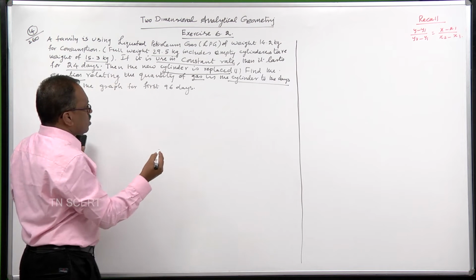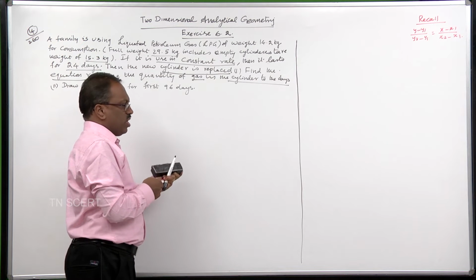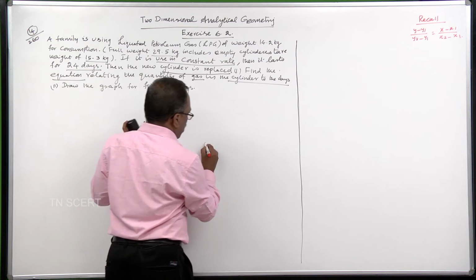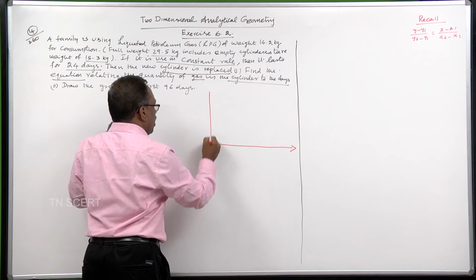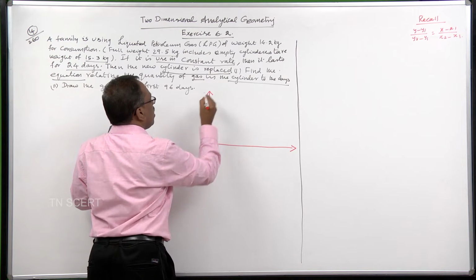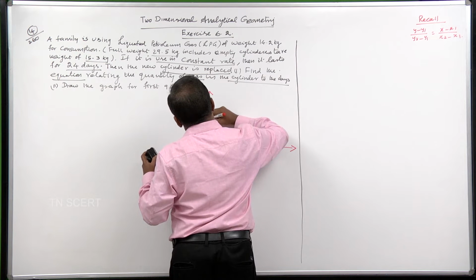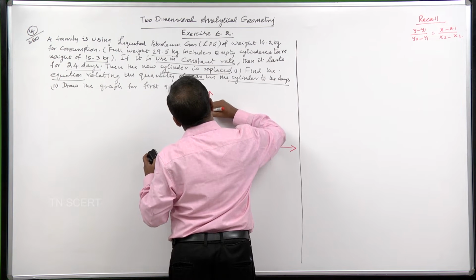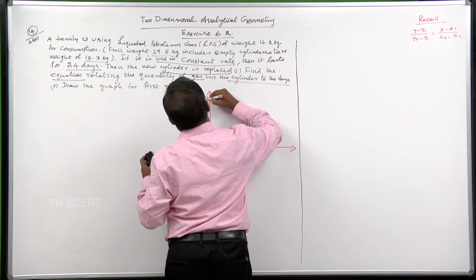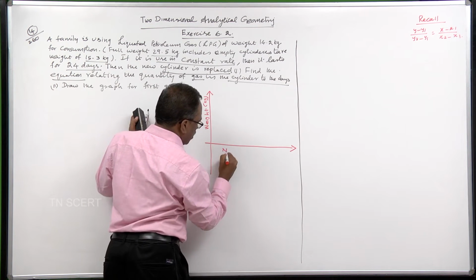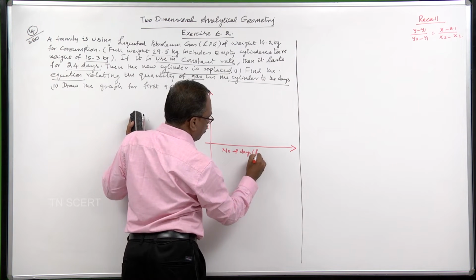Let me draw the curve here. Always we have to consider the weight of the gas. Weight we can take as y, in kgs. Here, number of days, LPG used.